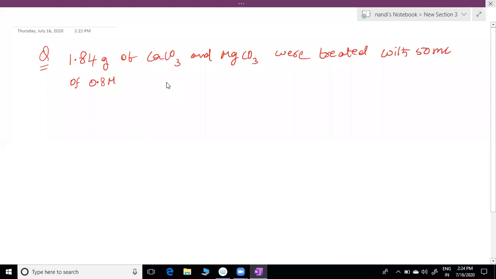Calculate the percentage of CaCO3 and MgCO3.